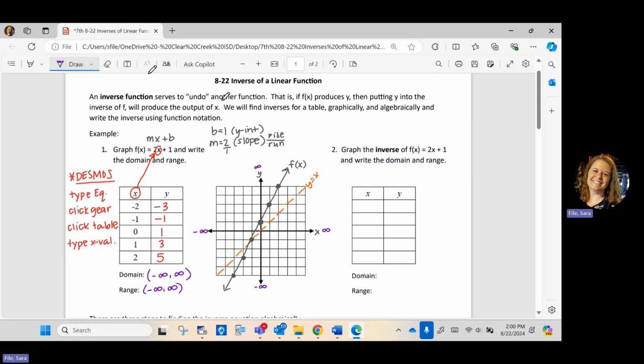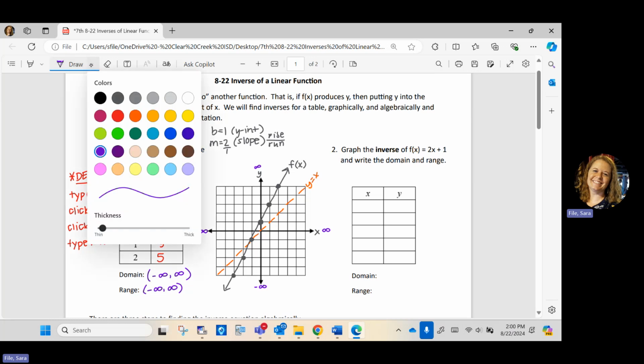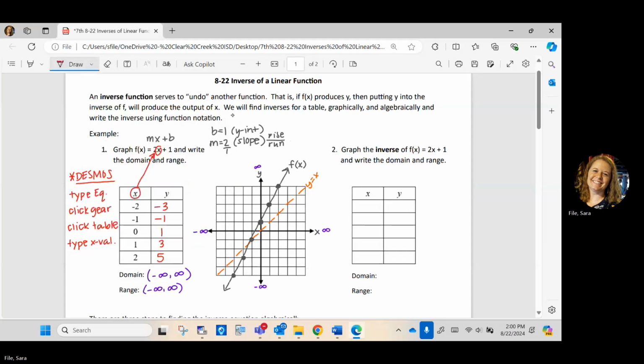So I'm going to reword this. I'm going to put this in simpler terms, okay? For an inverse, we switch the input and the output, okay? So I'm going to put that here.